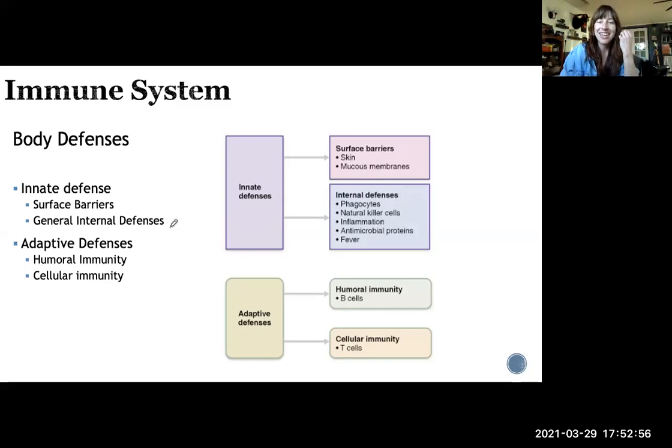You have your innate defenses, which are the ones that you're born with, simply speaking. These include your surface barriers like your skin and mucous membranes, right? Because remember, you are a donut. So your epithelium is your skin on the outside of your body, but it continues into and throughout your gastrointestinal tract, right?